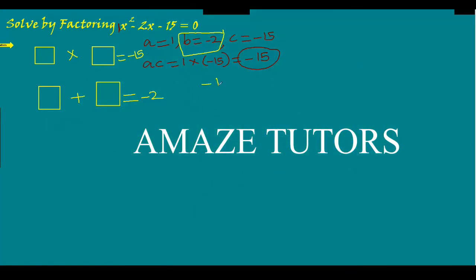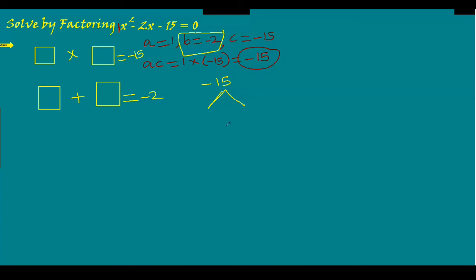Yes, we can go for 3 and 5 easily, because 3 5s are 15. And which number should be negative? 5 should be negative, the larger number. Then only while adding 3 and -5, I'll be getting -2. So the two numbers are 3 and -5. Now, this is what I need to fill in again.